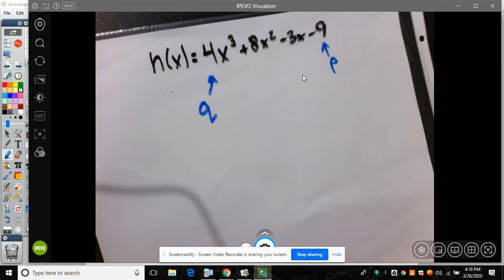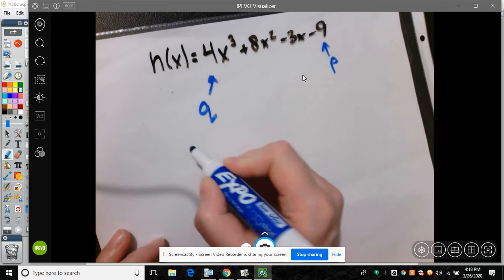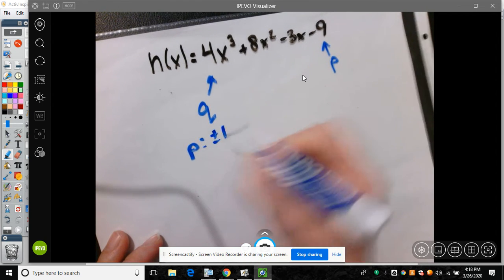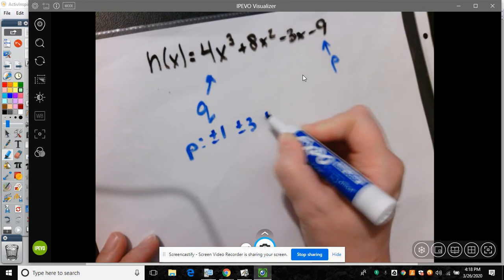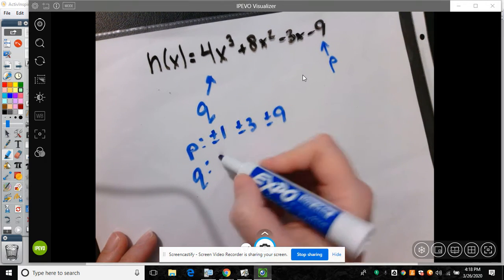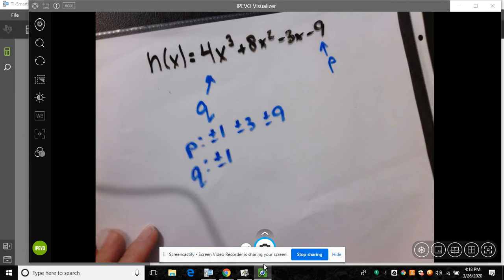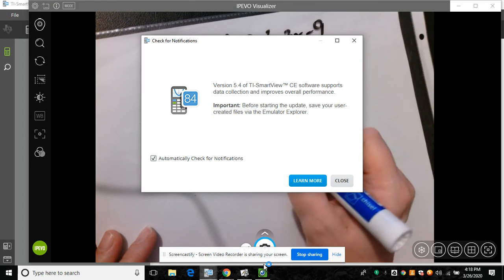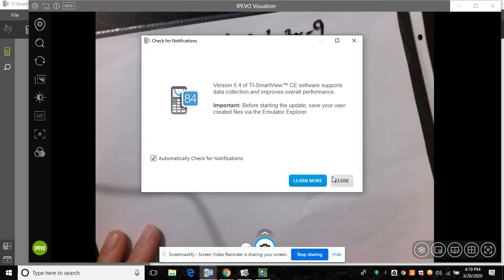So all my factors of p, all the factors of 9: 1, 3, and 9. And then my factors for q, q comes from the 4, so I've got 1, 2, and 4.